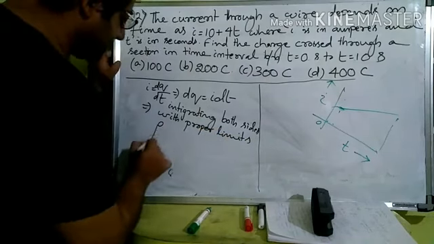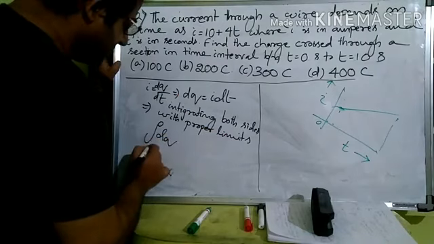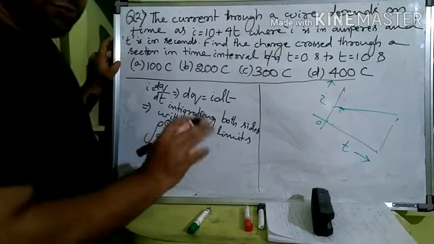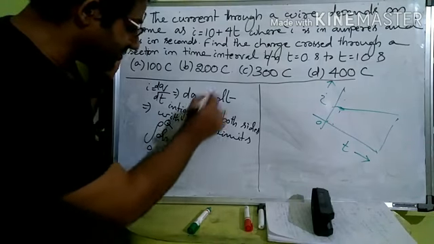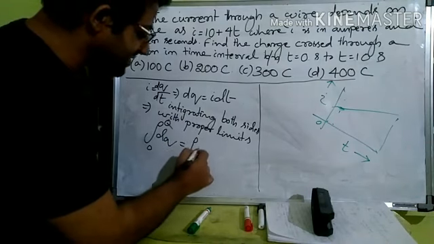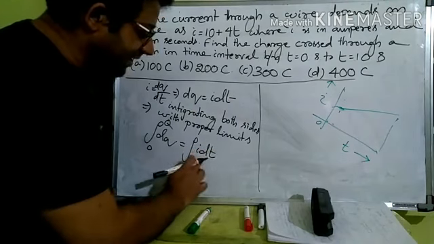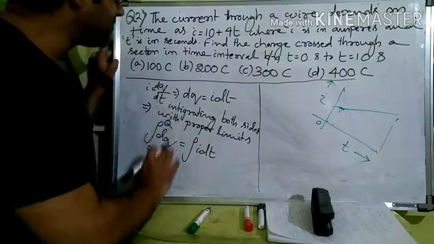See, this integration of dq is from 0 to some maximum charge q. We don't know it, this is the mathematical style of writing like this. So this is equal to how much? Right side is I dt, and dt is the variable here. Time is changing from what to what.